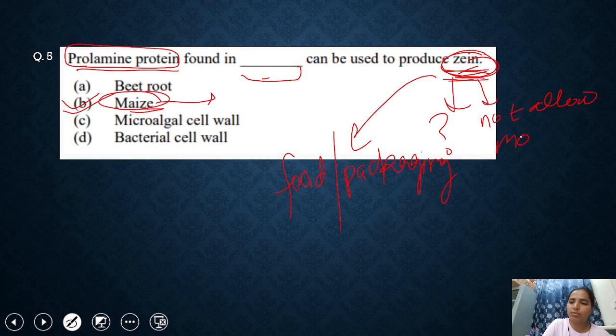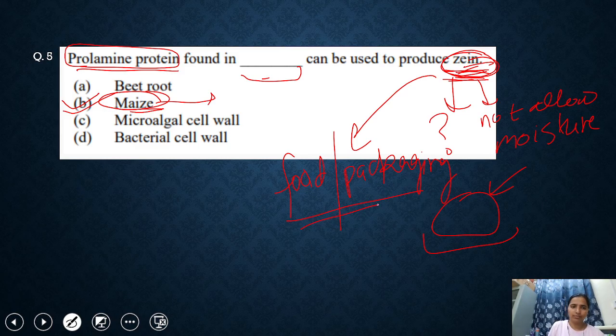Moisture is a major problem in the food industry. If the food container gets moisture, the food will rot. So this helps in preventing this. So this is mainly used in the food and packaging industry. Okay, so for this question, the answer is B.